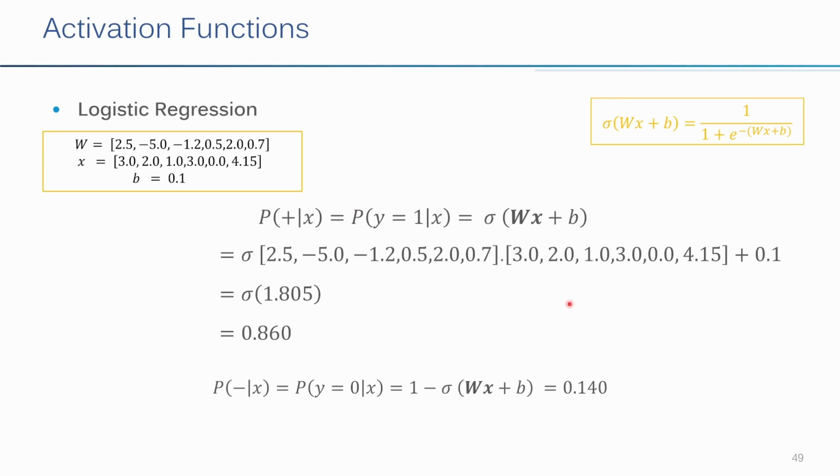If we consider how we calculate the probability for a positive class, we will say: given the inputs, what is the probability of this being a positive class? Or, using the notation we just saw, what is the probability that y, our prediction here, is equal to 1 given the x that we have?